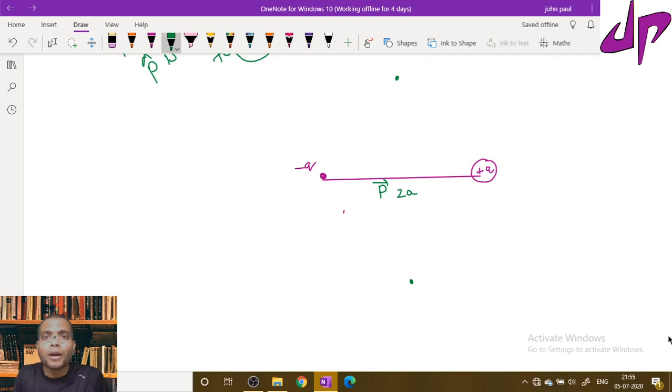If you select a point perpendicular to the dipole axis, this point is known as the equatorial point. Now our task is to find the electric field due to this electric dipole at here. That is the case: electric field at an equatorial point of an electric dipole.